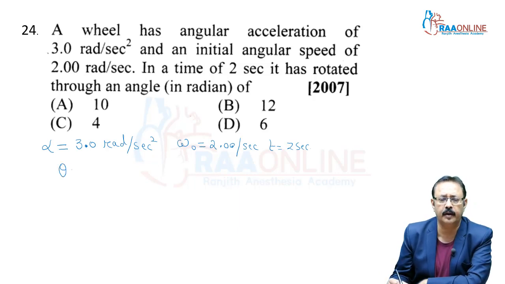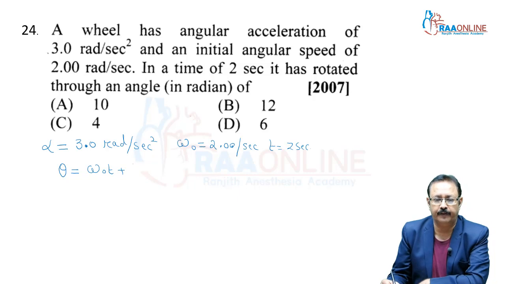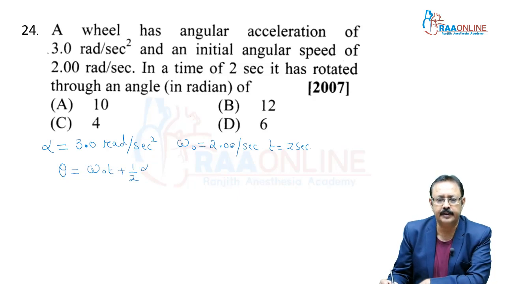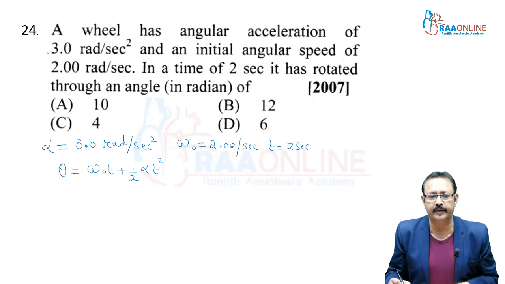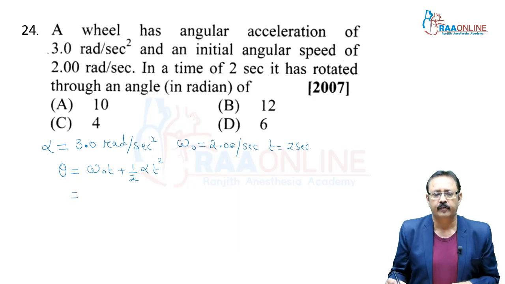We have the formula S is equals to ut plus half at square. What were their analogues? I write there. We want to calculate theta, and we will get it in SI unit, means radian. What was omega naught? 2. What was time? 2.